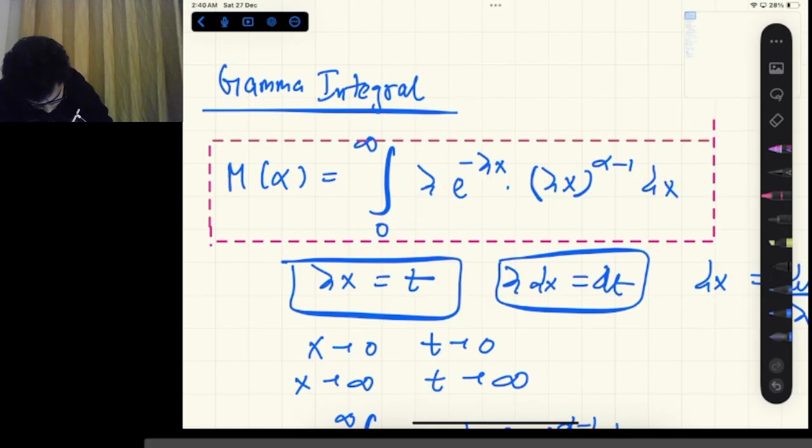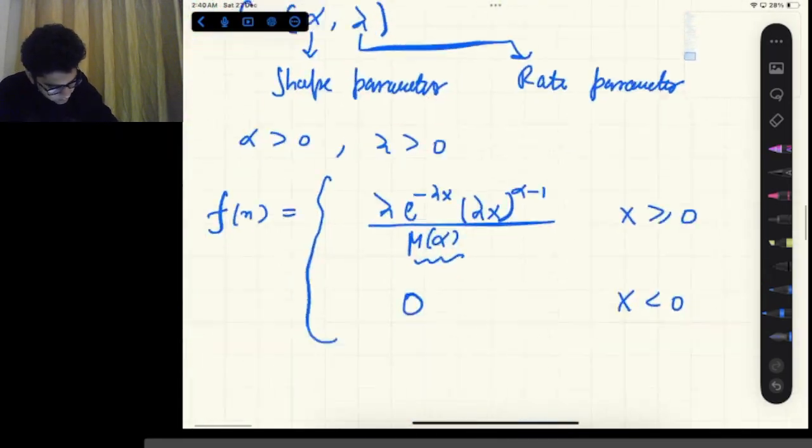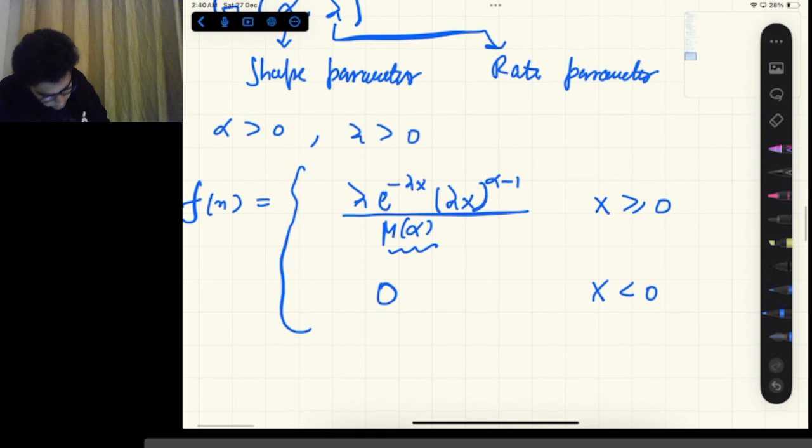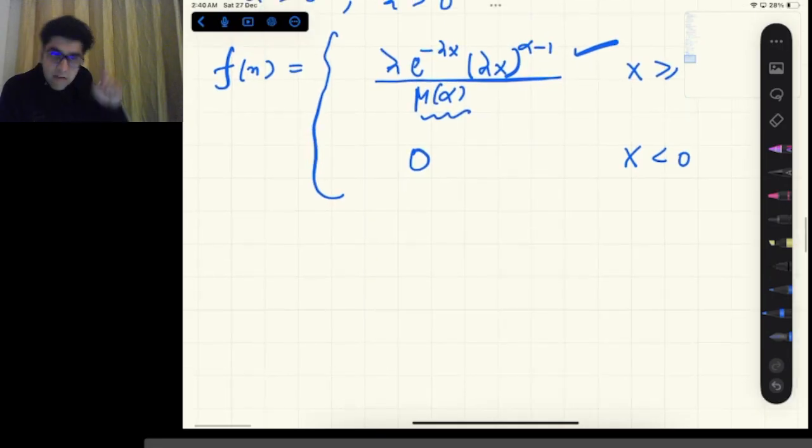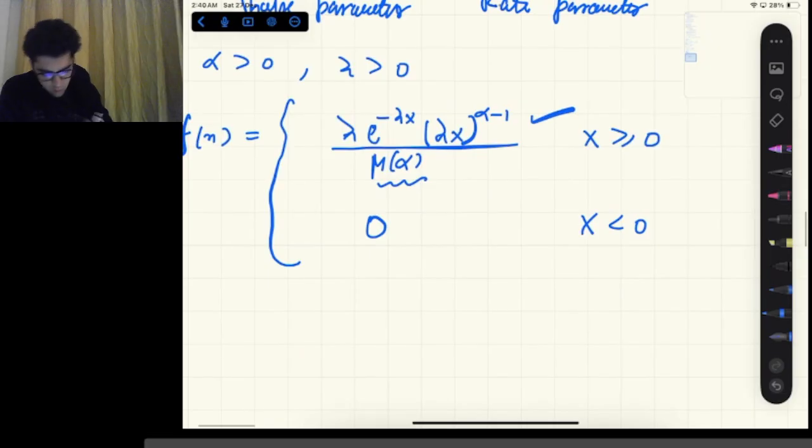This expression which is written inside the integral is exactly equal to this numerator, right? What does this mean? This means that if I find the integral of the PDF over the values where it is defined, it should give me the value equal to 1, because it is a PDF.